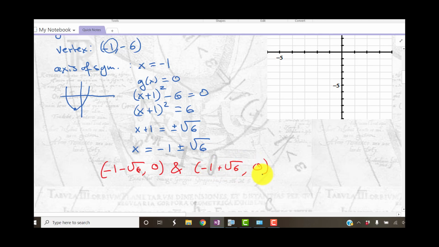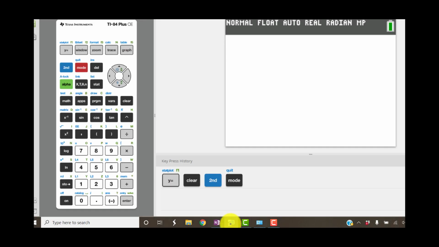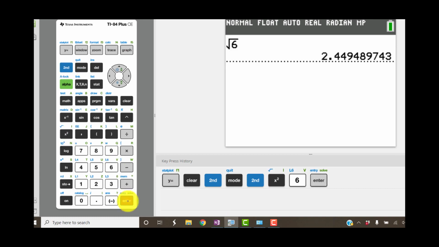What is that? I will need to plot these two points, so I need to approximate root 6. So let's take the calculator and type the square root of 6. The square root of 6 is about 2.45. So let's say 2.5.